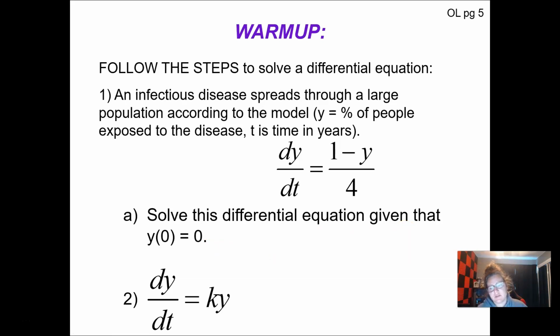And then number 2 down here is dy dt equals ky. So that looks interesting, right? Because I have this k and I have y's and t's. So this time we have 3 variables. But you actually just take that k and treat it as just a constant.